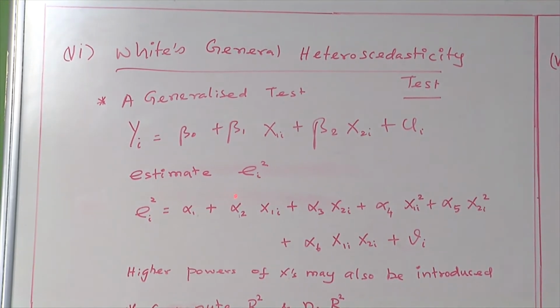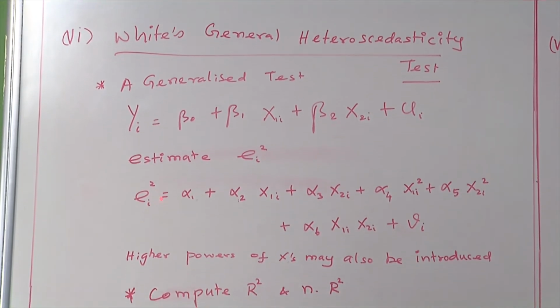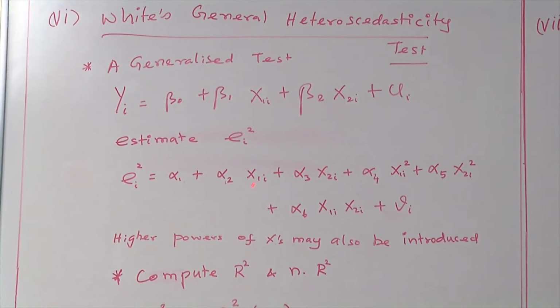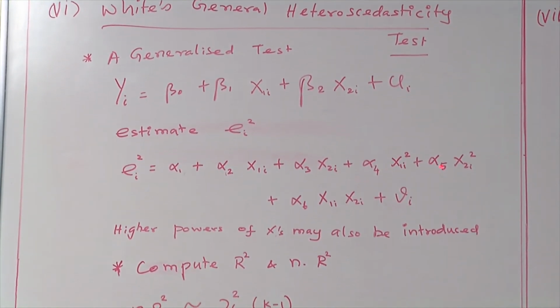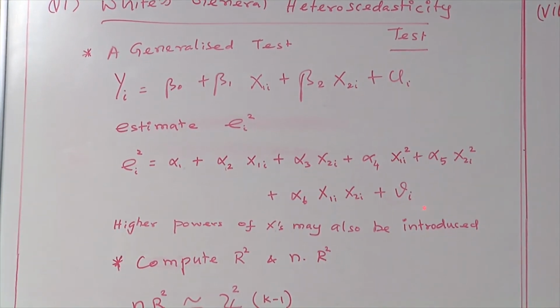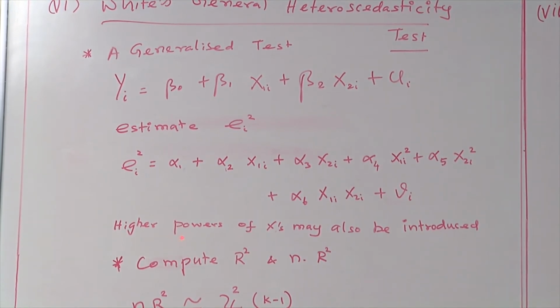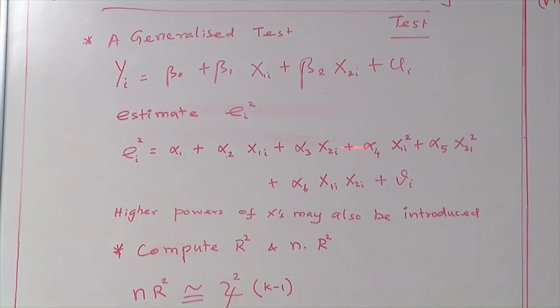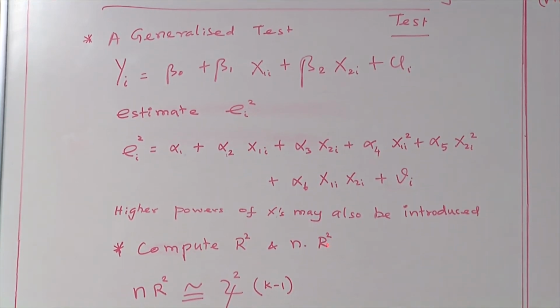Now run the regression of EI square on x1I, x2I, x1I square, x2I square, x1I x2I plus Vi. We may also include some higher powers of x's according to the requirement. We run this regression and compute r square and n r square.